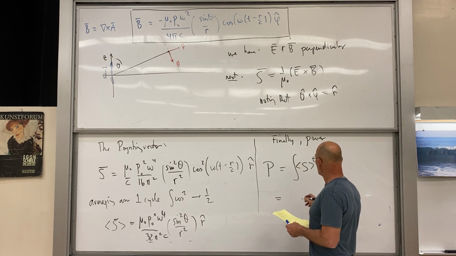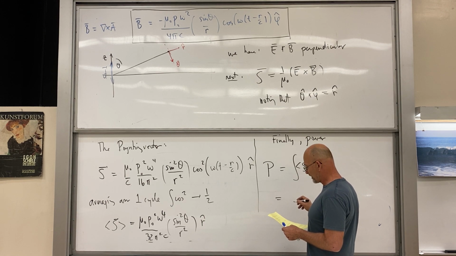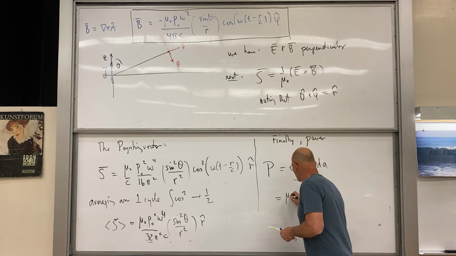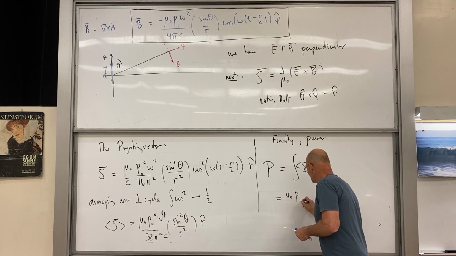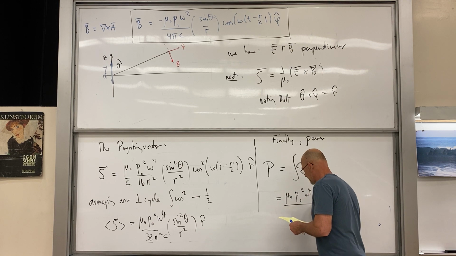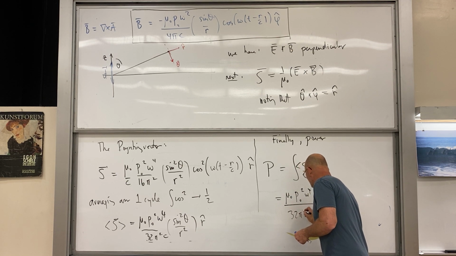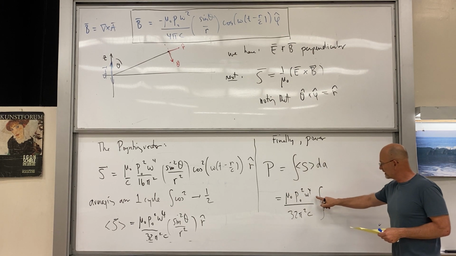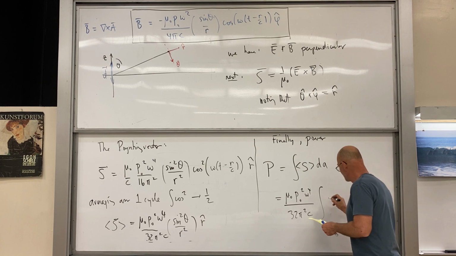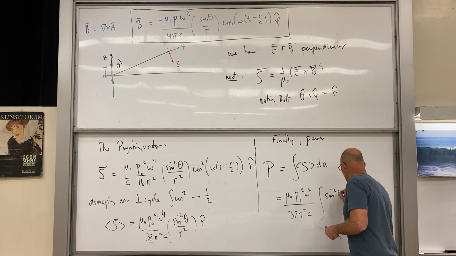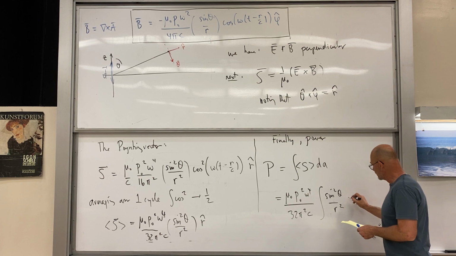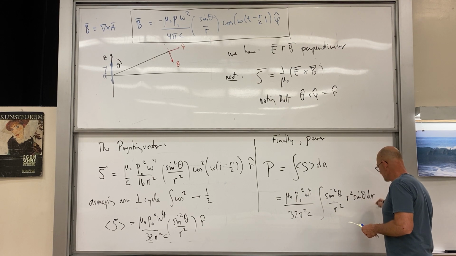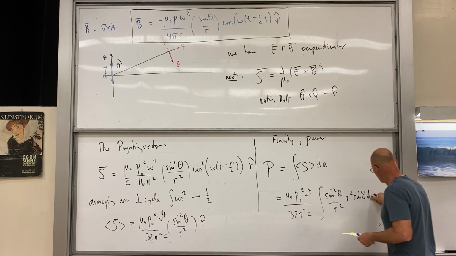And all that we're really going to have is that sine squared theta. Well, let's go ahead and write that out. So we've got the mu naught p naught squared omega to the fourth over 32 pi squared c. Now the area integral, so we've got sine squared theta over r squared. Then we've got r squared sine theta, not dr, d theta d phi.